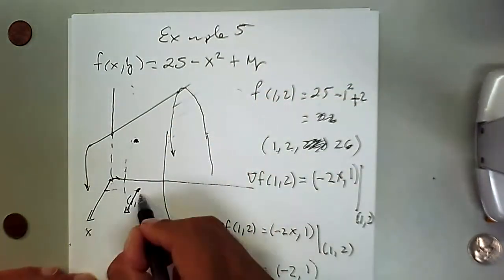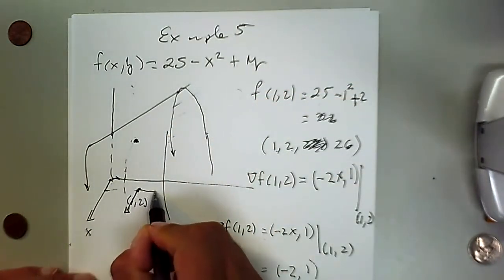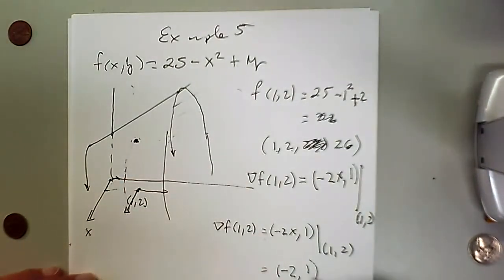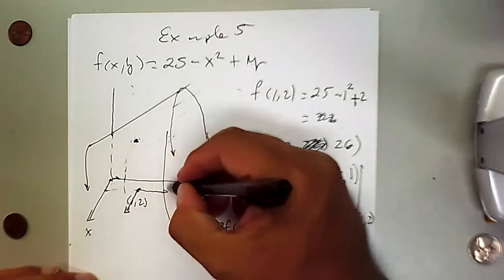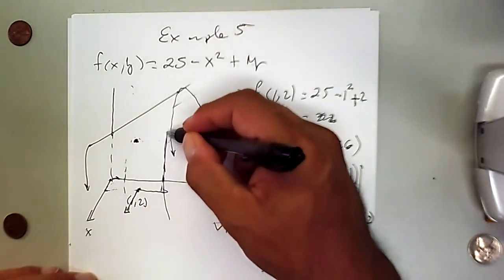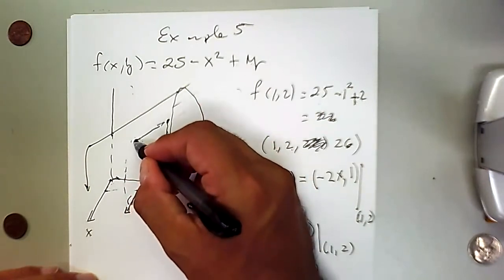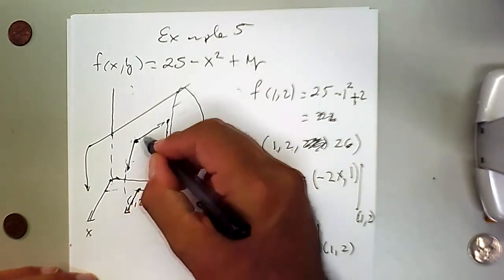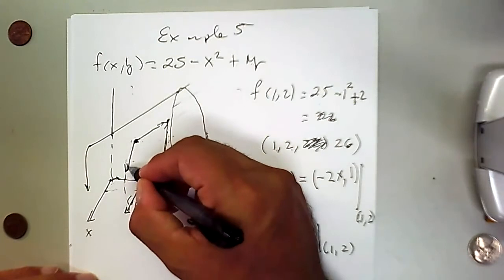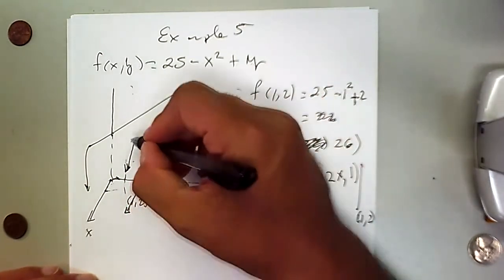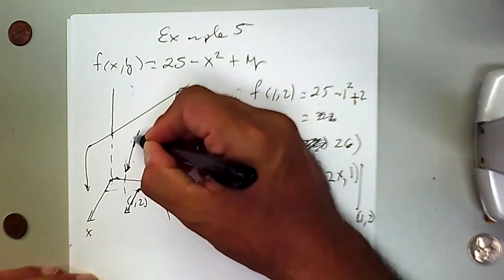If we go in the y direction, the slope is going to be 1. So yeah, that is interesting. Yep, it makes sense because we're going to be higher up there. So 1 and then negative 2. So in this direction, we're going down. In this direction, we go up. In this direction, we go up by 2 also.